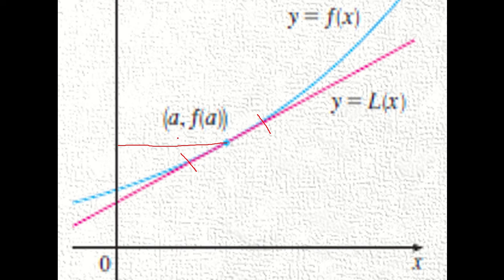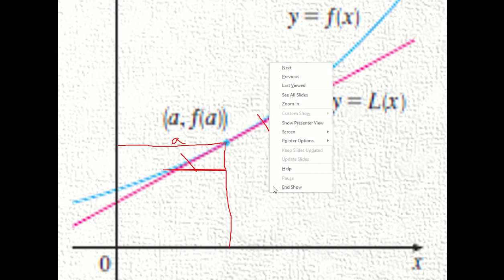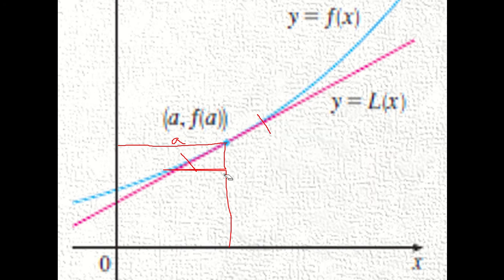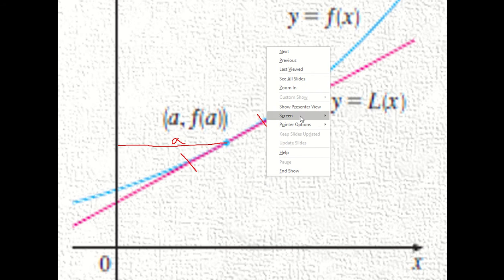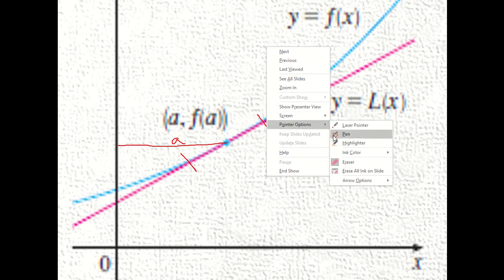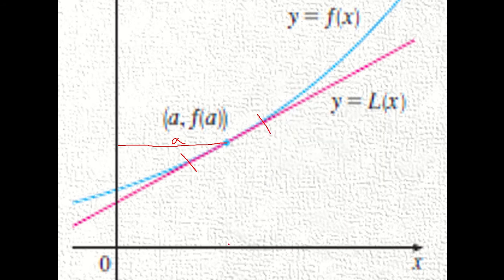And from the x-axis towards that point, this is our f of a, the height of this point.